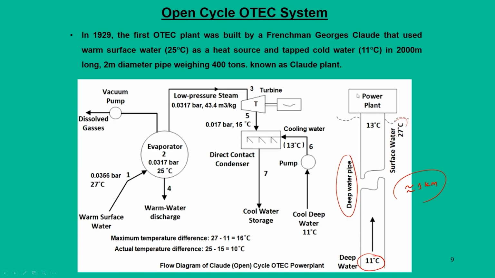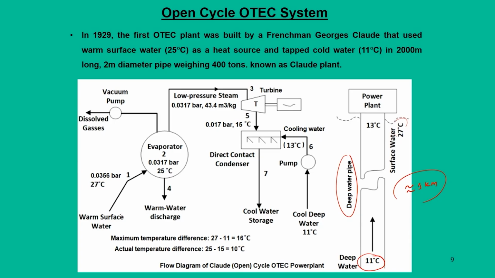Now, we are having this power plant here. What does this power plant constitute? It has an evaporator, a turbine generator assembly, a direct surface condenser, and a cooling water circulation for the condenser. Now, how are we going to feed the water into the turbine? First, you see what the available temperature difference is for us.